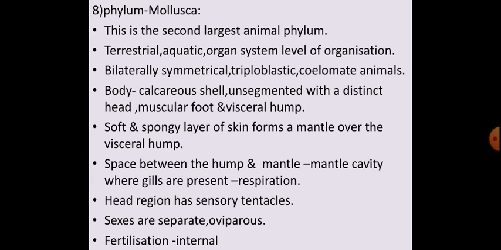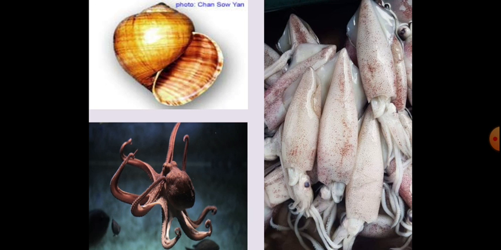Body is covered by calcareous shell. Calcareous means made up of calcium carbonate shell. No segments, but have head, muscular foot, and a visceral hump.